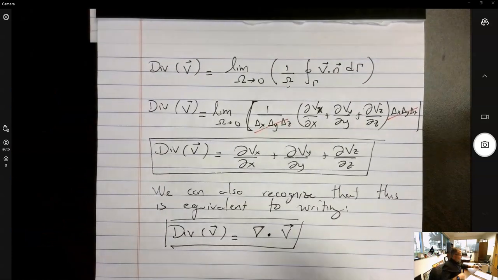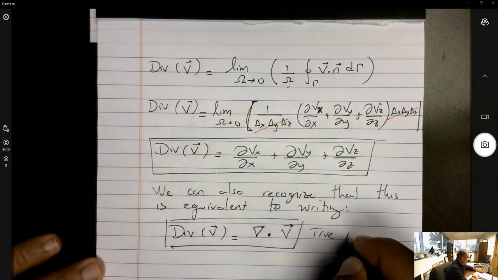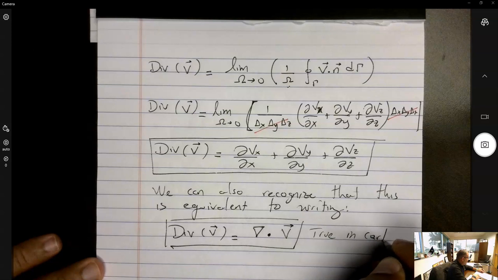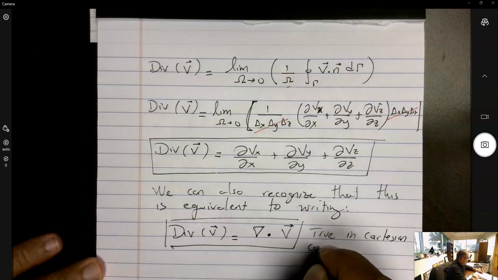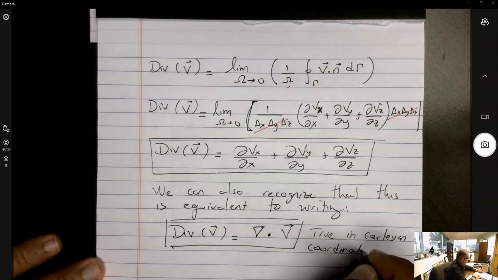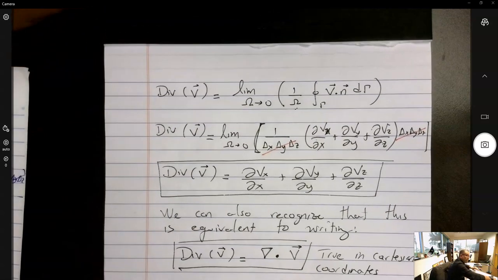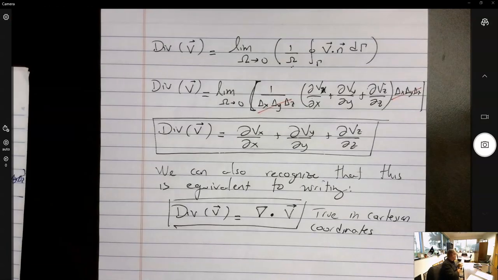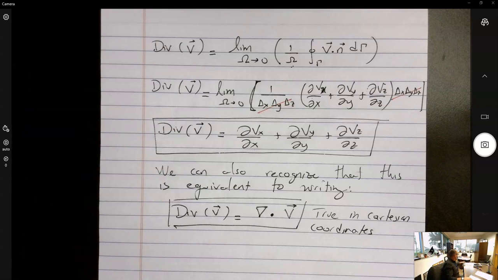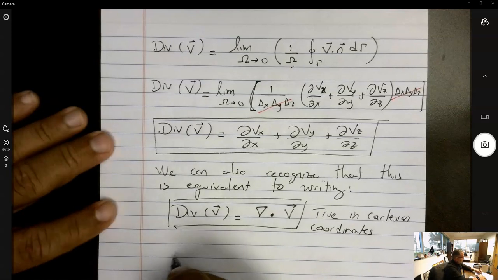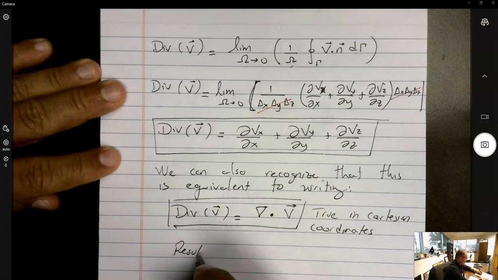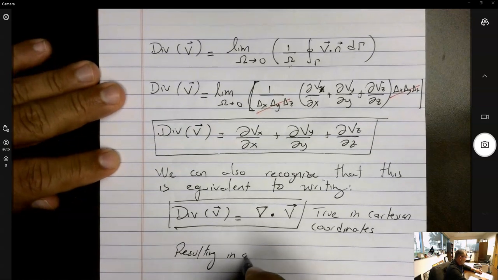And this is true in Cartesian coordinates. It is not directly true in other coordinate systems like cylindrical or spherical and so on. So that results in a scalar function.